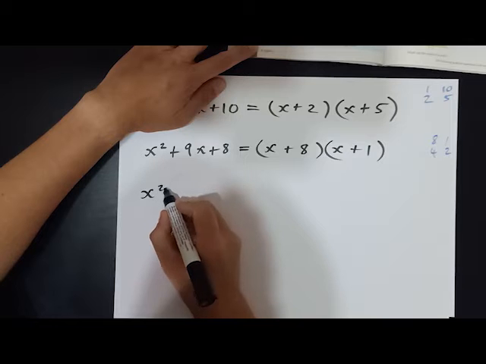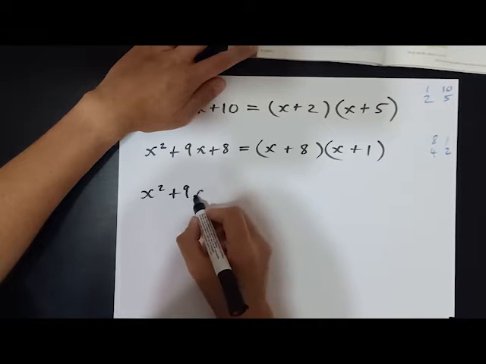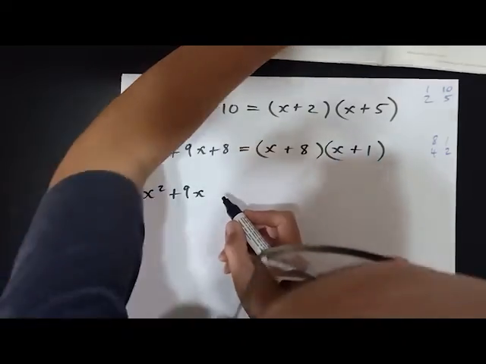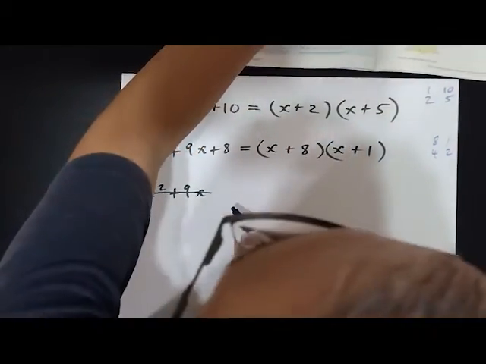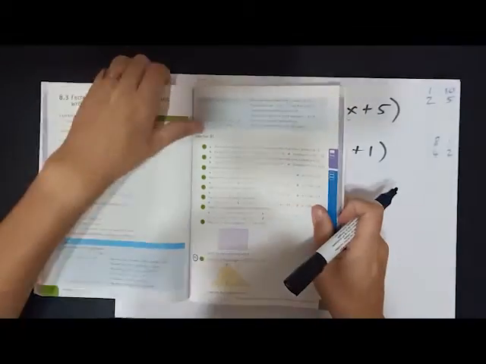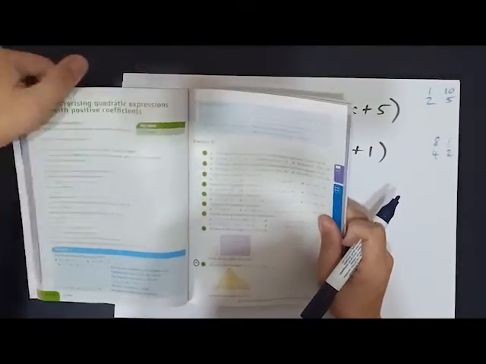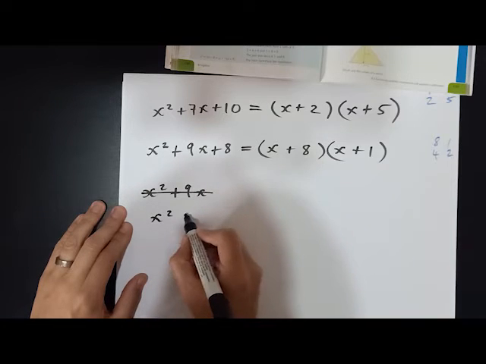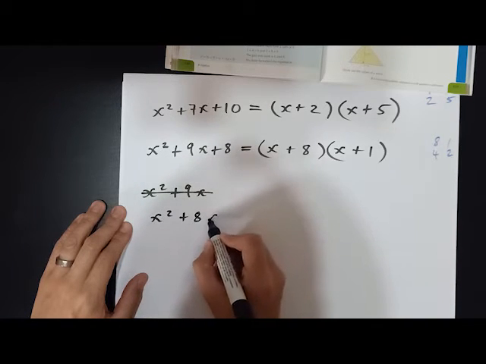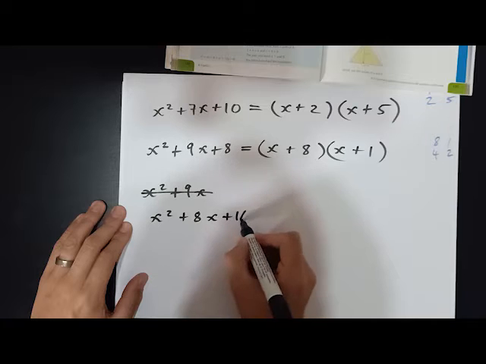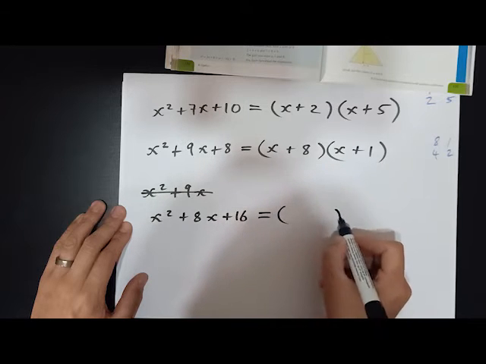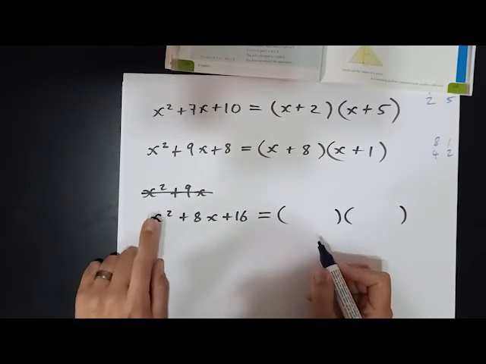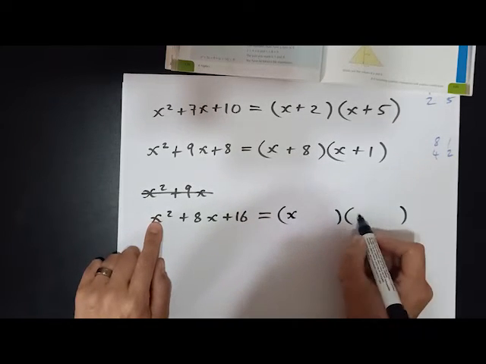Example B is right up here: x squared plus 8x plus 16. Again, there's only one x squared here, so we know that's going to be x and that's going to be x.